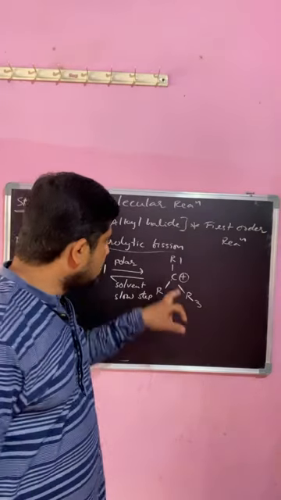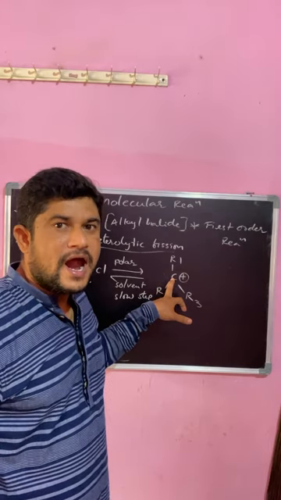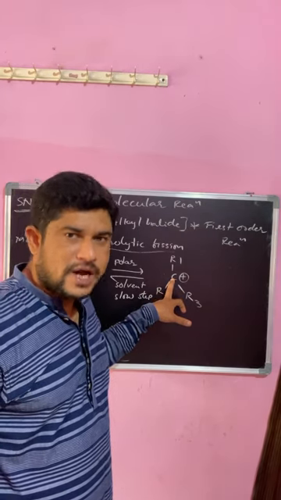In the carbonium ion, the carbon has sp2 hybridization and trigonal planar geometry.